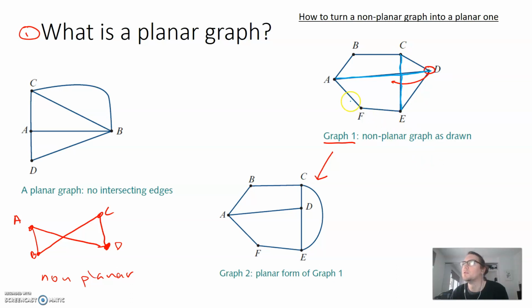Let me just get my eraser. That's when I'll erase those bits there. In this case A to D is my intersecting edge. I want to change that so it's now a planar graph. So I'm going to redraw the graph with that edge removed.